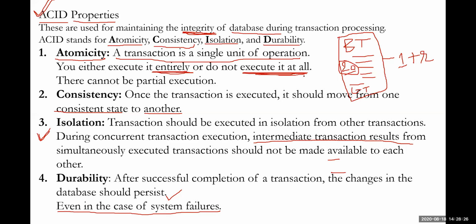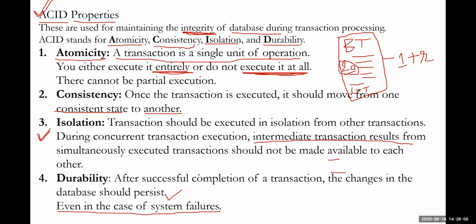If any failure occurs, the operations done by the transaction must be persisted, meaning carried forward. So these are the 4 different properties we consider for a particular transaction. That is the meaning of the ACID properties.